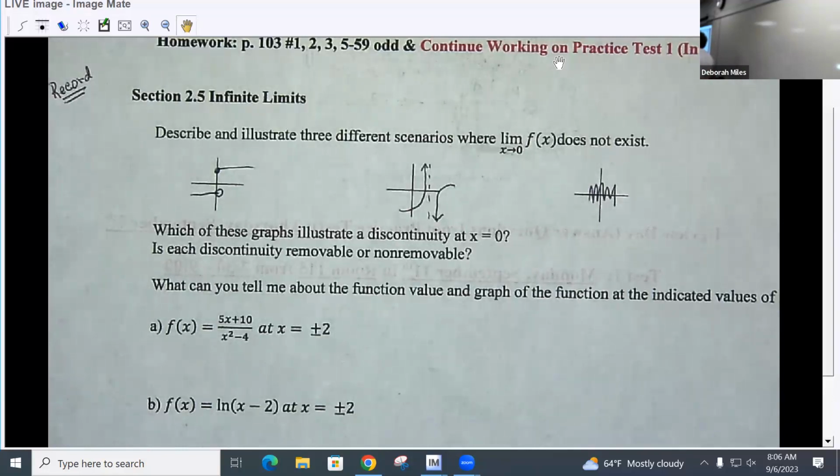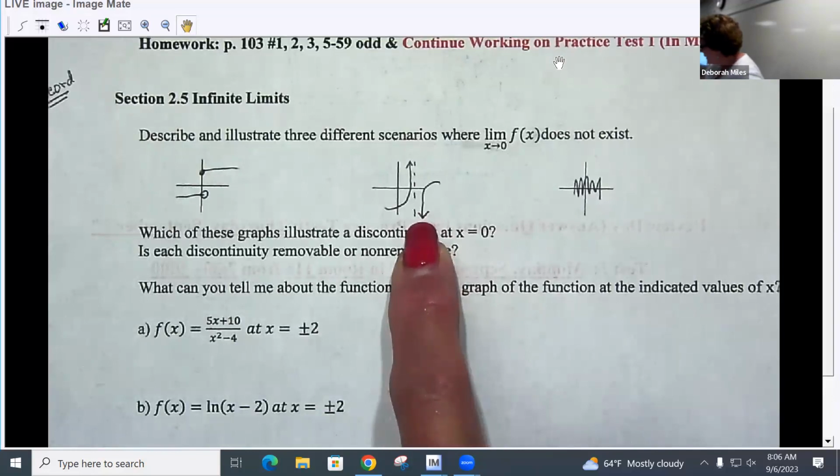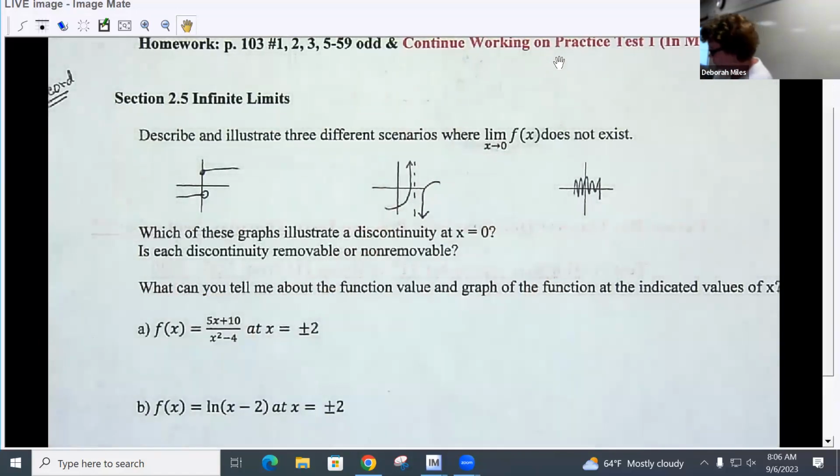Now, which of those graphs have a discontinuity? I don't know why I scooted over and put a discontinuity at maybe 1 or 2, because we were supposed to be doing the limit as x approaches 0.